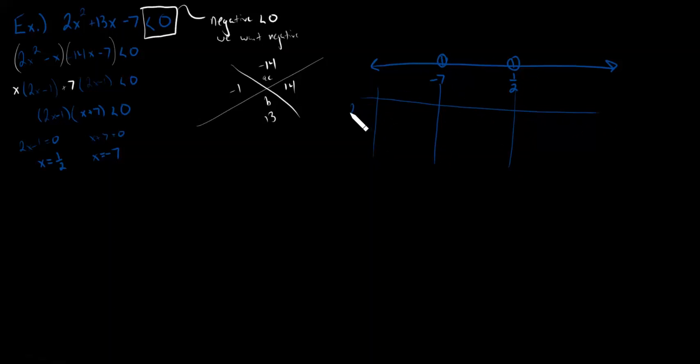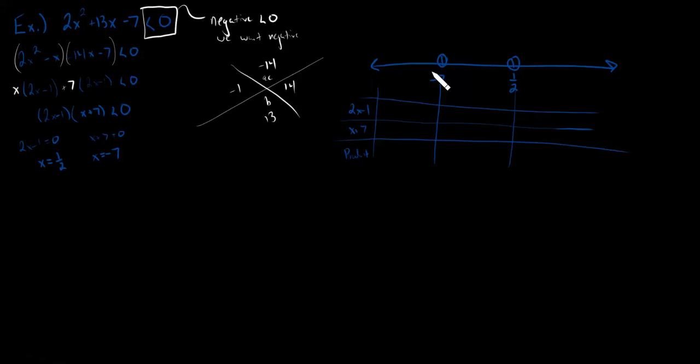So I list my factors. And remember, we're multiplying these, so we're having a product. And now we have to test out numbers in each interval. Remember, all we're looking for is if we plug in a number, does it make that factor positive or negative? Because if it's negative, that's what we want. If it's positive, that's not going to be part of our answer.